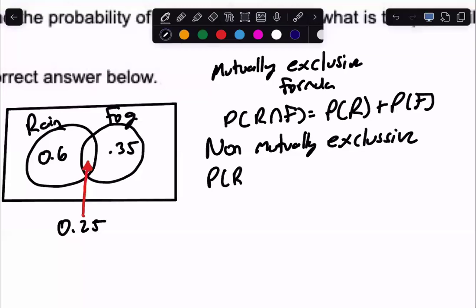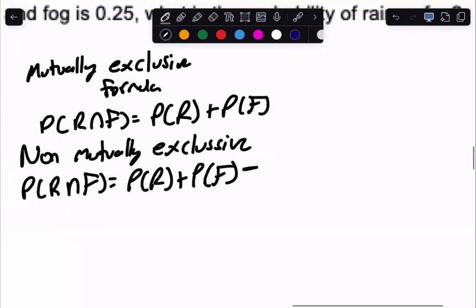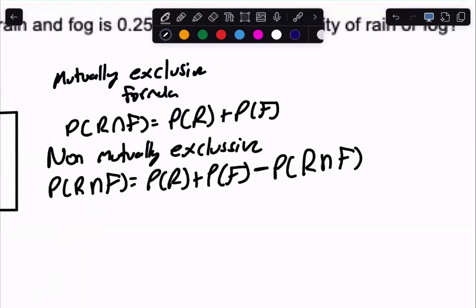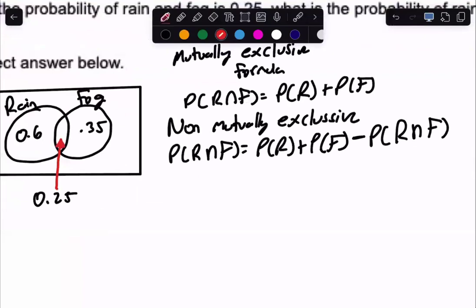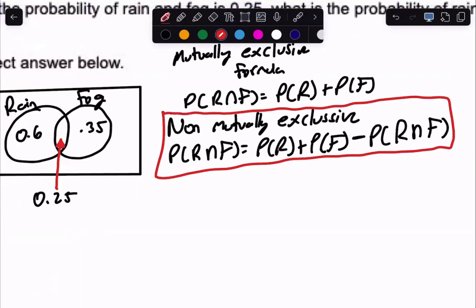So the probability of rain or fog is equal to the probability of rain plus the probability of fog minus the probability of rain and fog, since both of those can occur at the exact same time. This one's not in the very beginning notes, but this formula does come up depending on your situation.